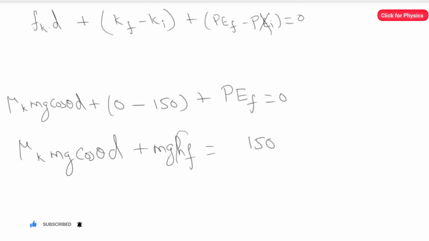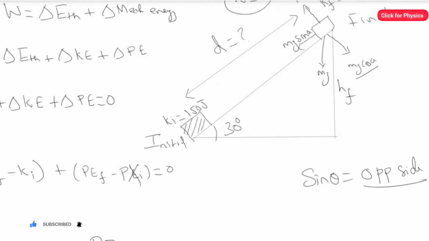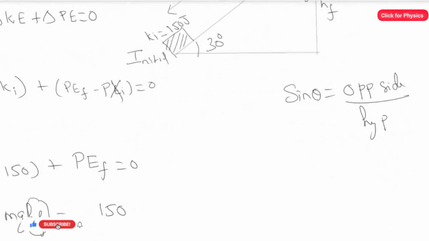Now we have to find the value of hf, so we go back to the figure. This is your hf. We use the formula for sine theta, which is opposite side by hypotenuse. The opposite side is hf, the hypotenuse is d. So sine theta equals hf divided by d.